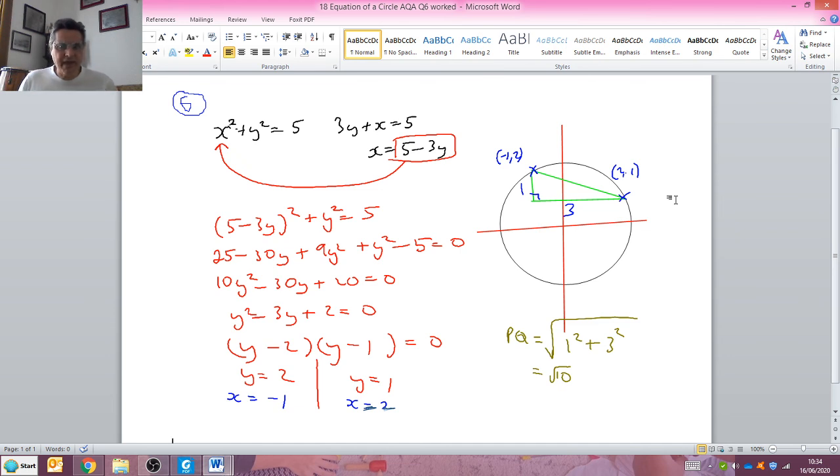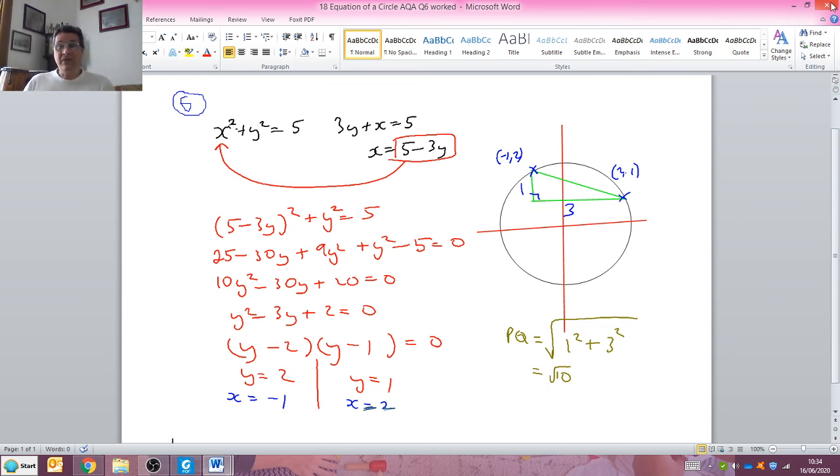Well, now it's baby Pythagoras. So it's 1 squared plus 3 squared, get the answer, which is 10, and then square root it. Leave it like that. PQ is the square root of 10. Or if it's a calculator paper, then press the square root button.